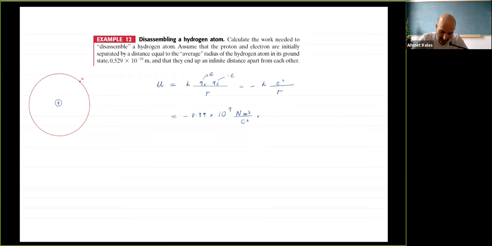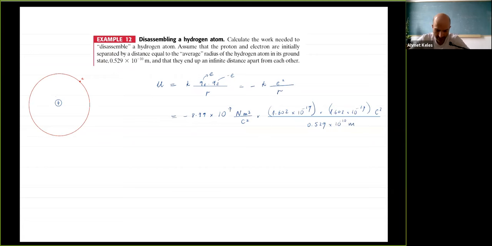An electron charge is 1.602 times 10 to the minus 19 coulomb, times 1.602 times 10 to the minus 19 coulomb. This is coulomb squared. And I divide this whole thing by the radius, which is given to be 0.529 times 10 to the minus 10 meters.